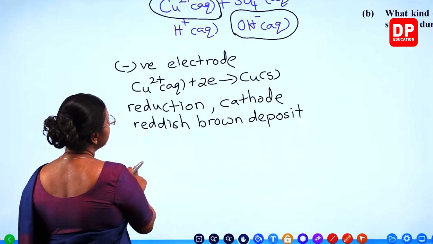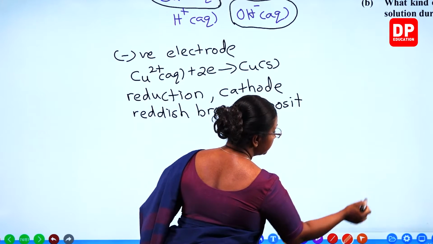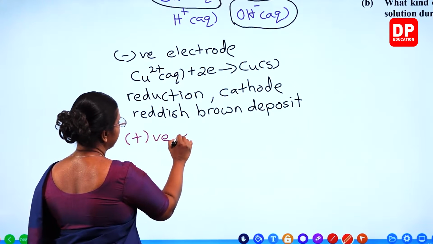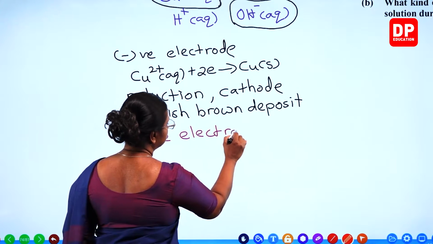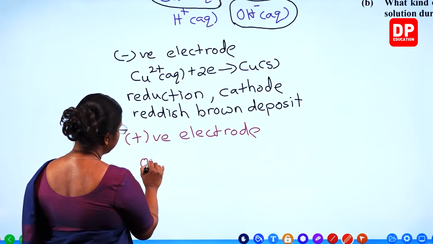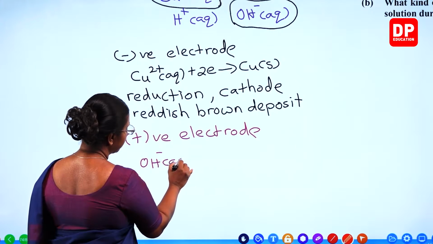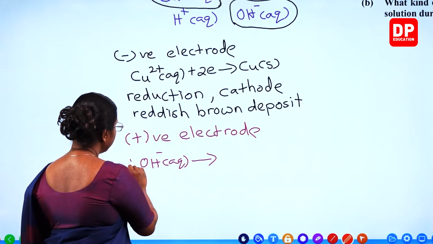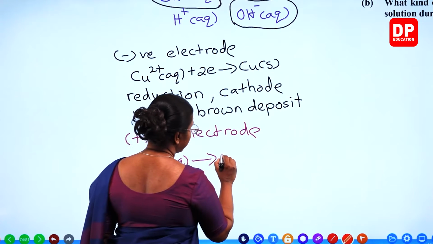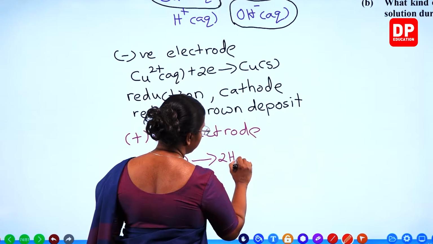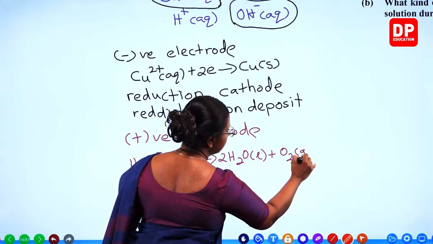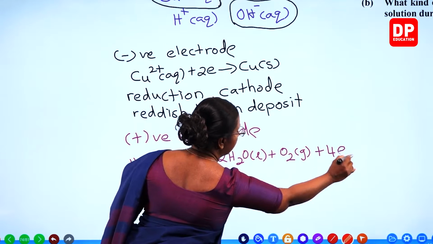Then at the same time, if you look near the positive electrode, what happens? The OH minus ions migrate towards the positive electrode and they get oxidized. You can remember 4OH minus gives rise to 2H2O liquid plus 1 O2 gas, losing 4 electrons.